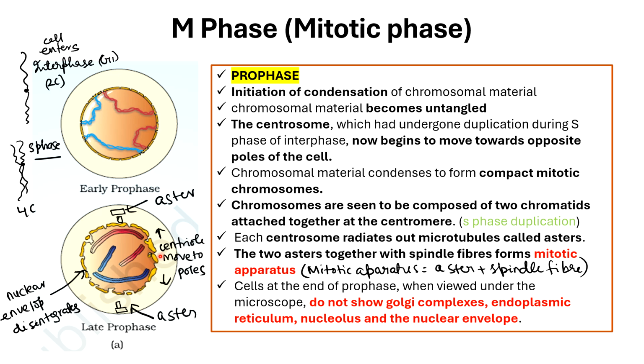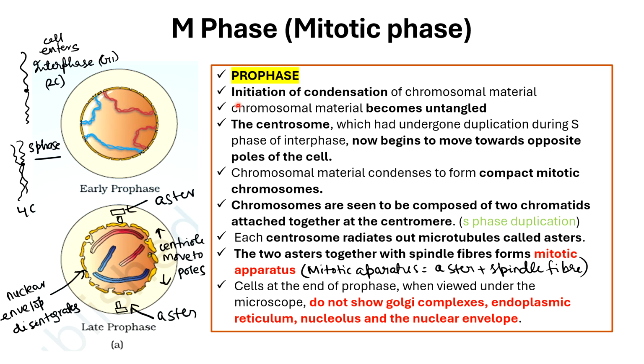So this pair of centrioles moves to the opposite poles in the prophase and radiates what is called the spindle fiber. Okay. So these spindle fibers will further attach to the chromosomes and help in the division of the chromosomes equally in subsequent cell stages.